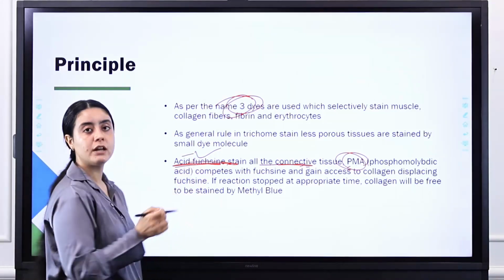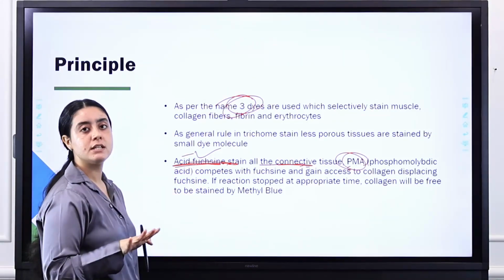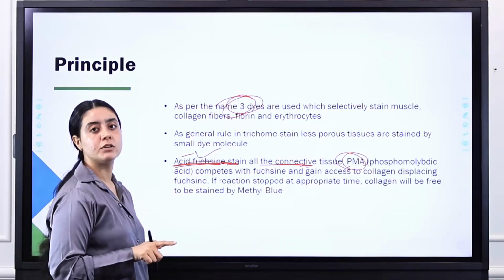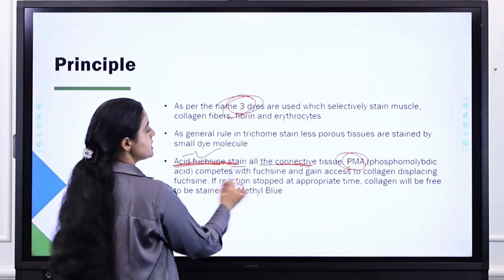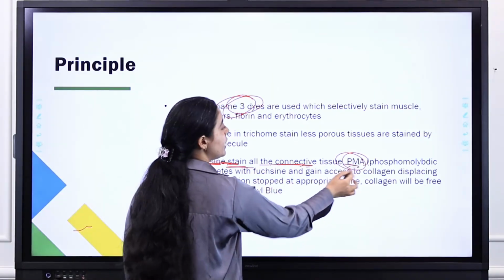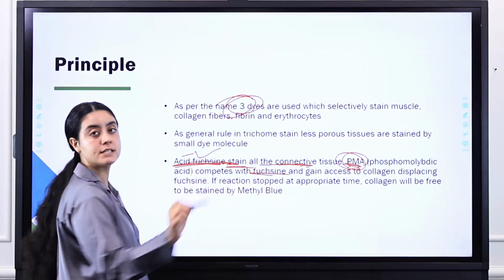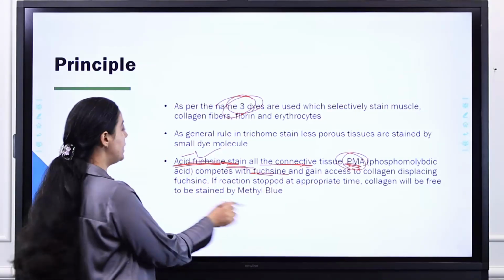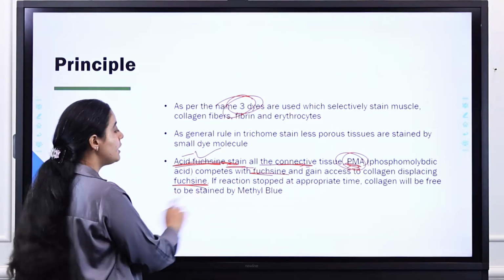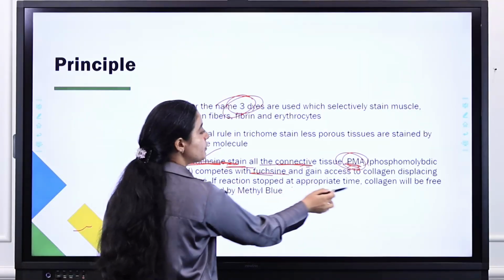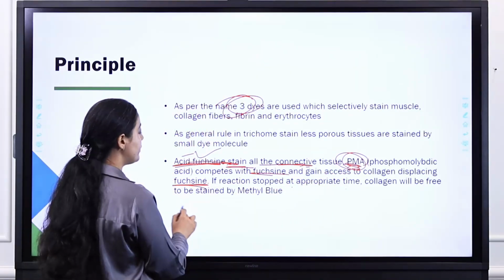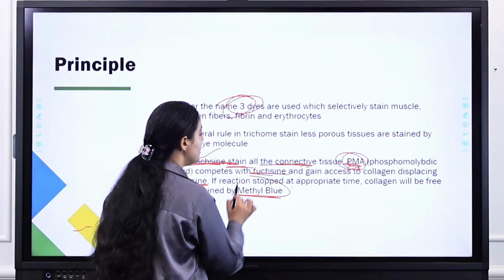Acid fuchsin can penetrate all the cells and stain all the connective tissue present. Another is PMA, which competes with the fuchsin and gains access to the collagen area by displacing the fuchsin. Then, if the reaction is stopped at the appropriate time, the collagen will be free to be stained with the methylene blue.